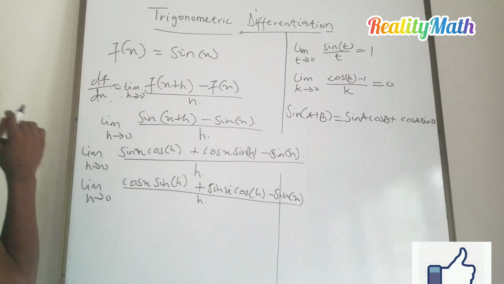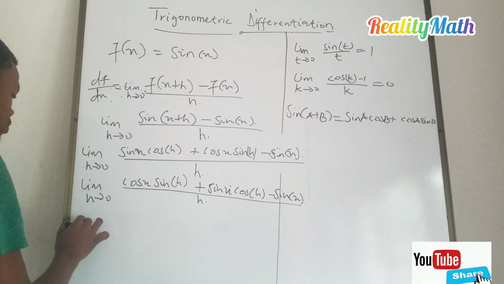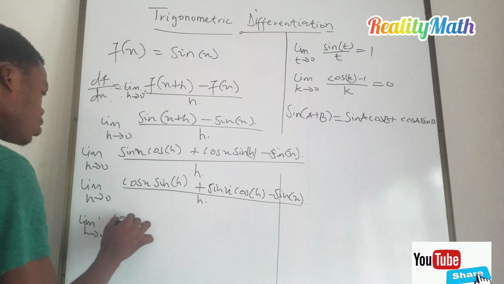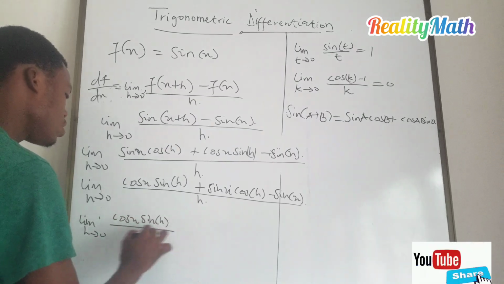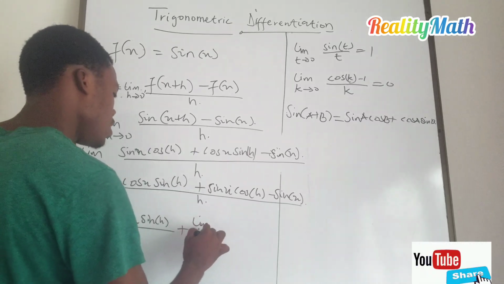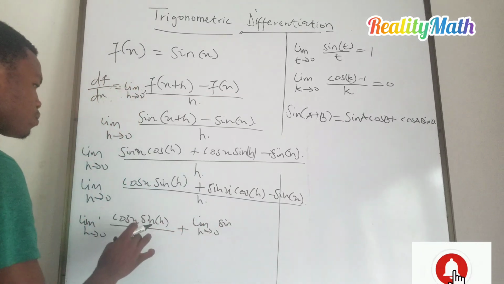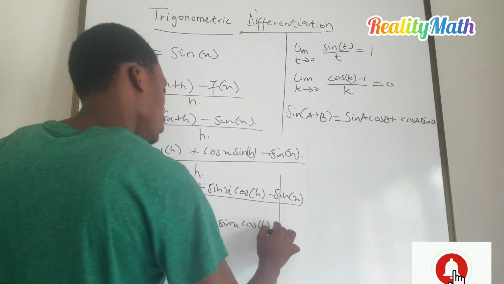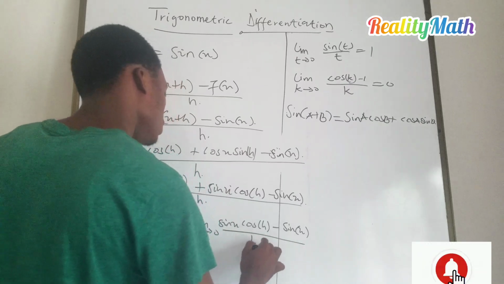Now let's simplify this: the limit as h approaches 0 of cos x sine h all over h, plus the limit as h approaching 0 of sine x cos h minus sine x all over h.